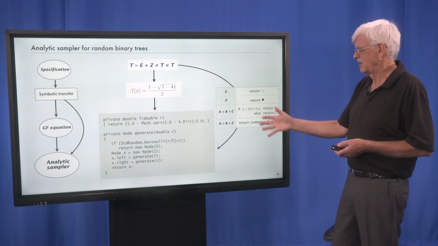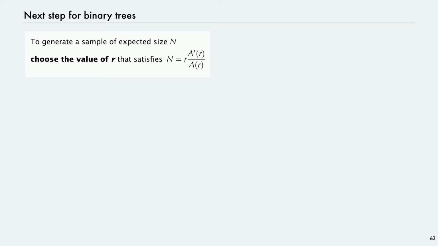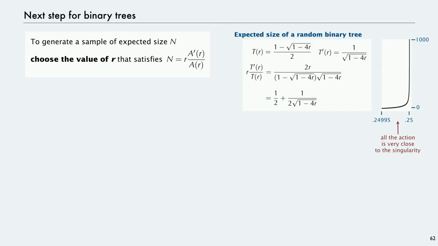Very simple recursive program. And so again, we have to choose the value of R that gives us the target size. And for random binary trees, it's even more extreme, as it's 1/2 plus 1/2 squared root of 1 minus 4R.